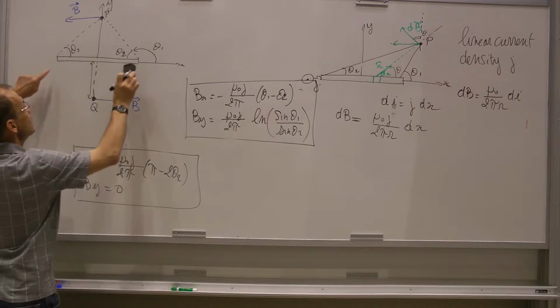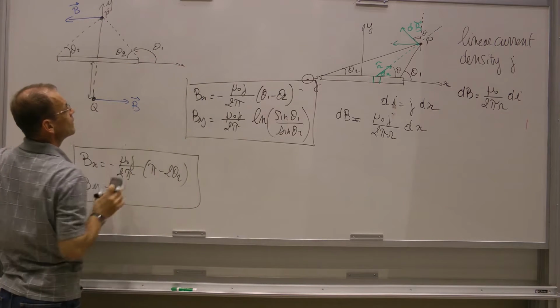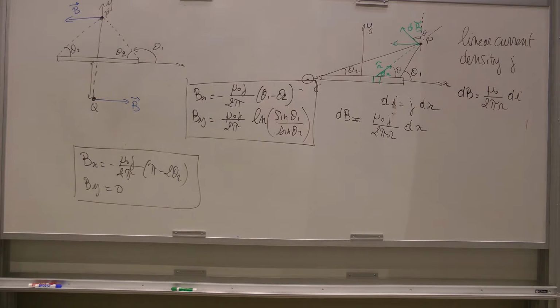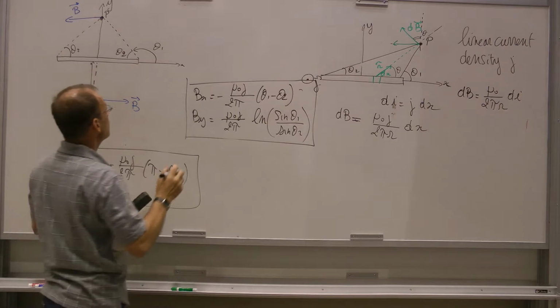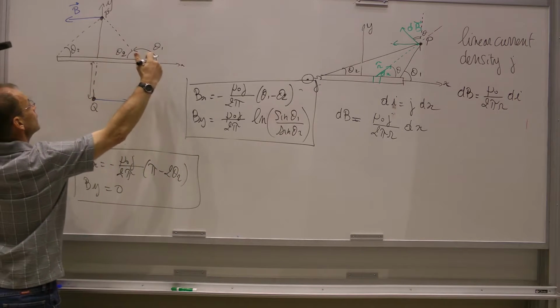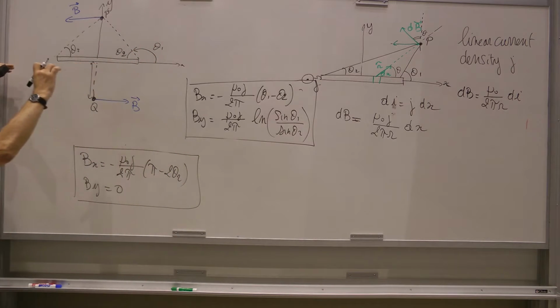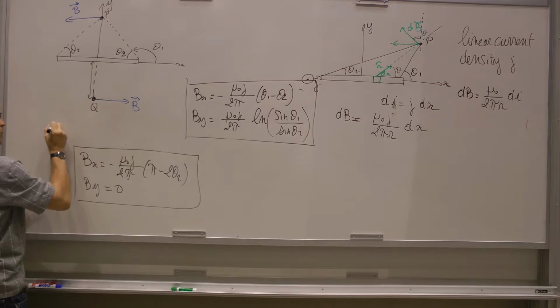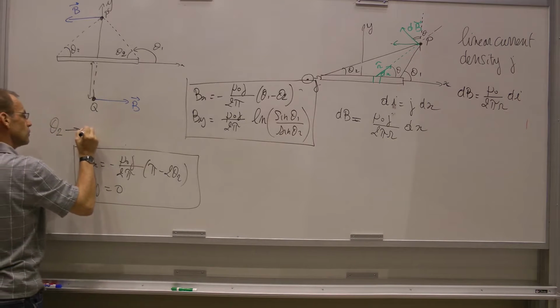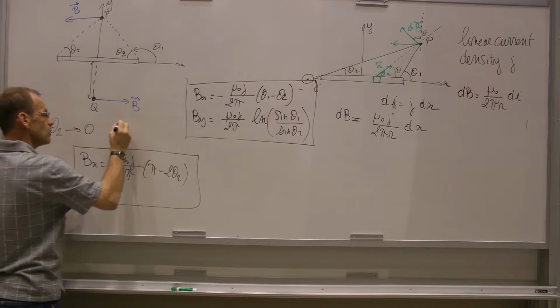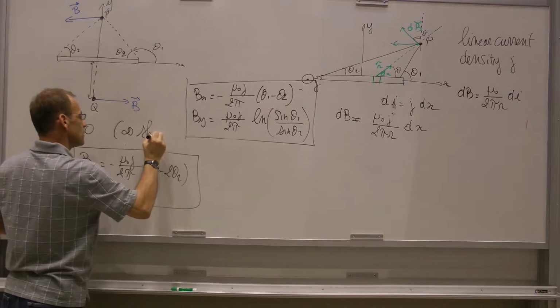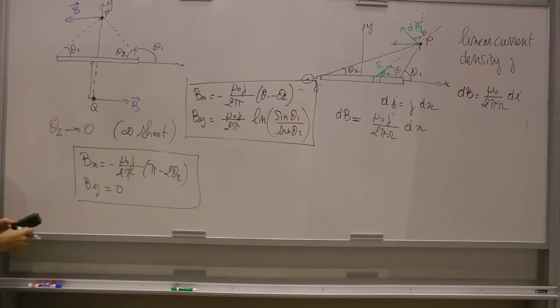What happens if that sheet of distribution becomes infinite in width? Making this sheet infinite means that theta 2 is going to get smaller and smaller, theta 2 going towards 0. That's going to be an infinite sheet along the x-axis.